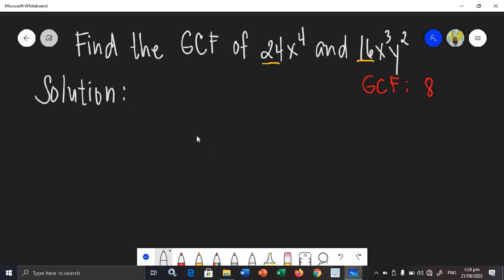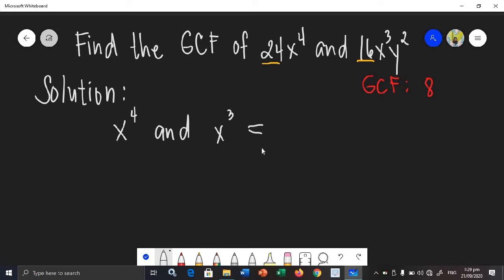Okay? So, sabi pa, kapag kumuha tayo ng GCF ng variables, kailangan yung may pinakamababang degree or exponent. Yun yung GCF nila. So, x to the fourth and x to the third power, ano sa kanilang dalawa yung may mababang degree?